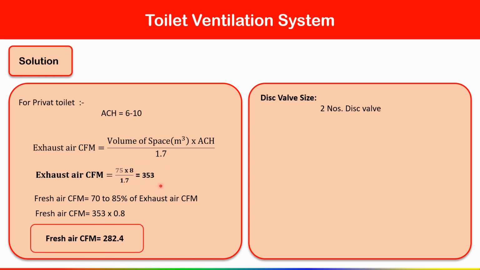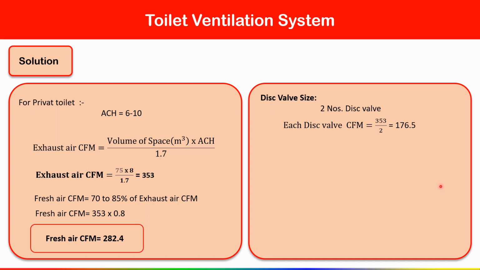The total amount of air we have to exhaust from this space is 353, and suppose I have selected two disc valves. So each disc valve CFM is 353 divided by 2, which gives 176.5 CFM.